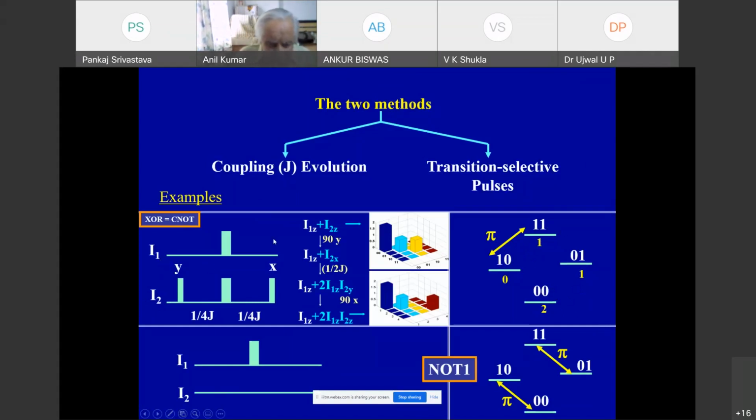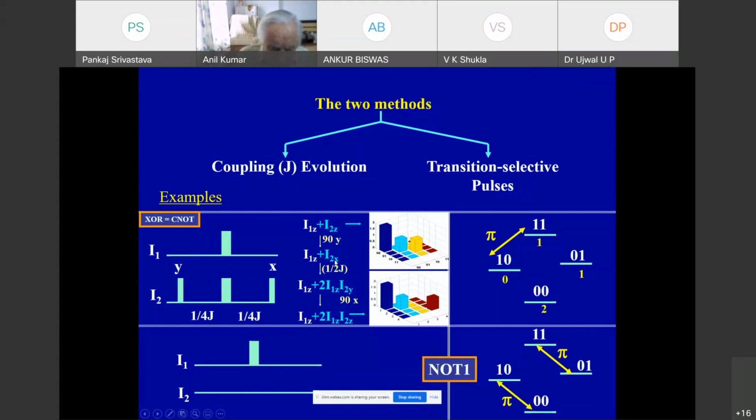But if you do it using J evolution, you have to go through a little algebra. We started with I1z plus I2z. A 90-degree Y pulse converts I1z to I2x. Apply a J evolution 1/4J plus 1/4J. This removes the chemical shift evolution, and together these retain the J coupling evolution.